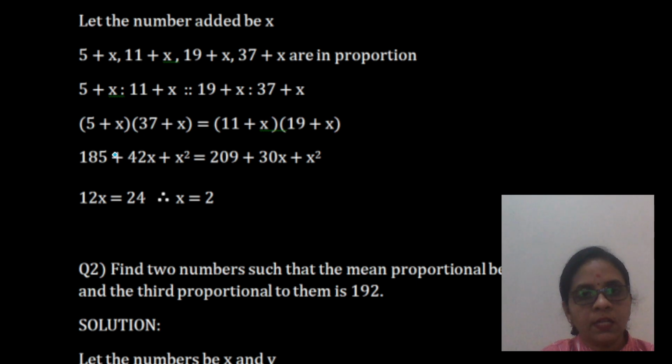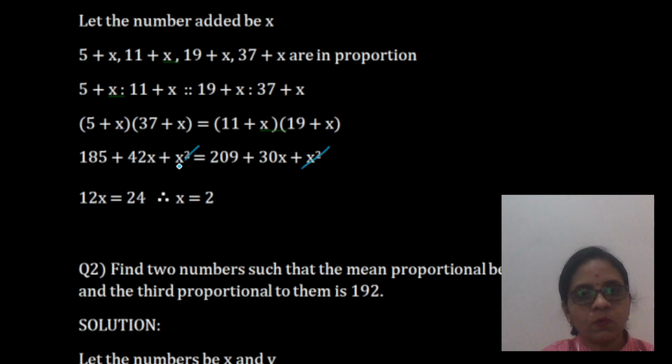So 5 into 37 is 185, x into x is x square, and 5x plus 37x is equal to 42x. Why? Because it is (a plus b) into x. Similarly here you have 11 into 19, which is 209, plus 11x plus 19x, 30x, plus x square.